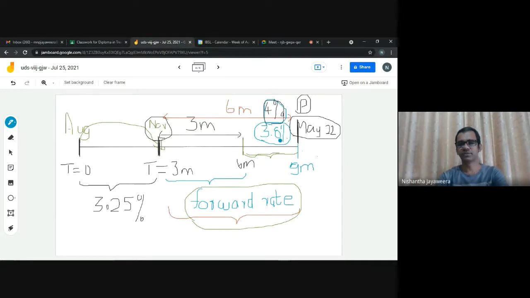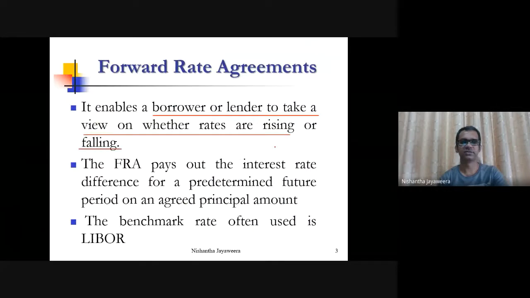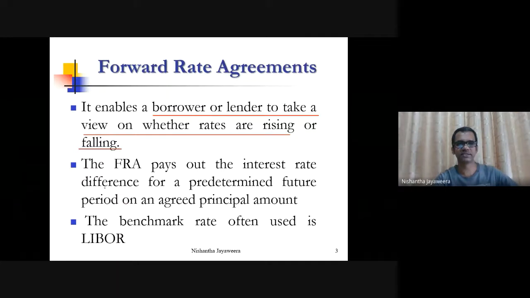So in this product, what do we do? We again take the difference of this fixed rate, we call this the fixed rate, and the actual rate, then calculate the interest amount based on the principal amount, and make the payment. Whoever the party who has the loss, the losing party pays it to the gaining party. So that's what it says here. The FRA pays out the interest rate difference.